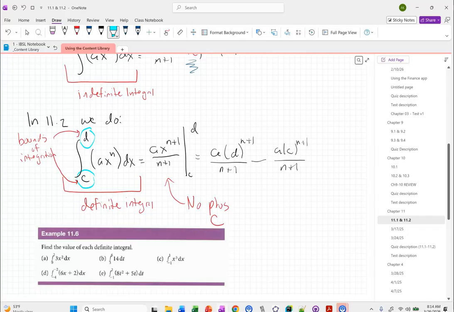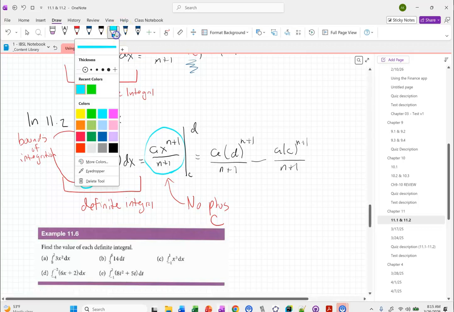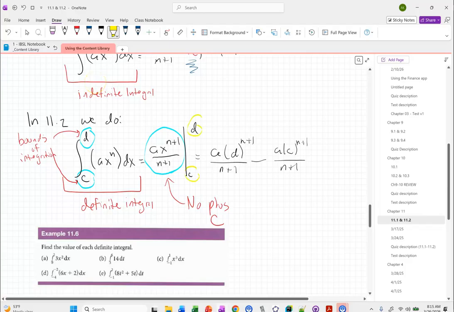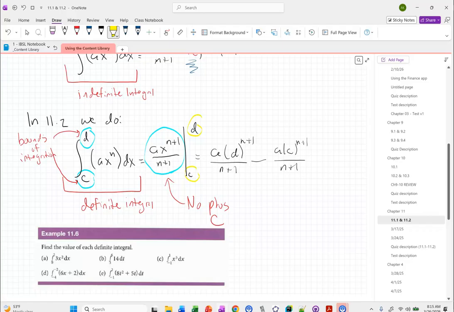Hope that's not surprising. So what we do with the definite integral is we do our antiderivative as usual, but there's no plus c. Instead, we write a vertical bar, and we write those bounds of integration at the bottom and top of the bar, just like they were on the integral symbol.